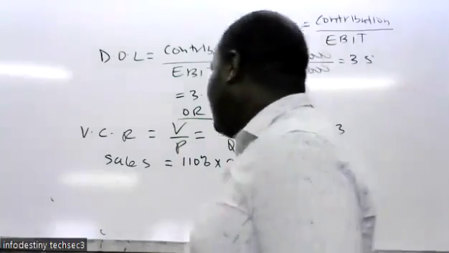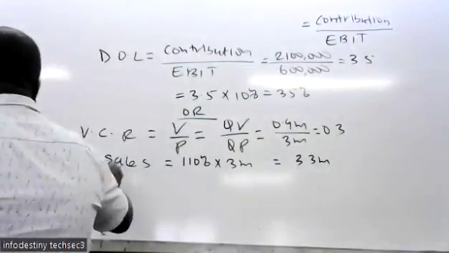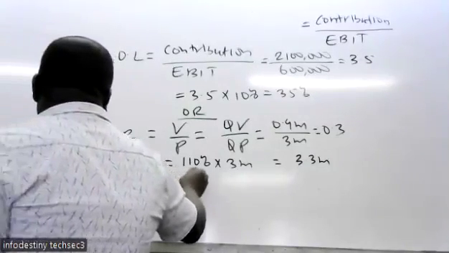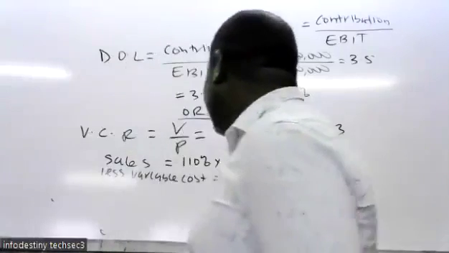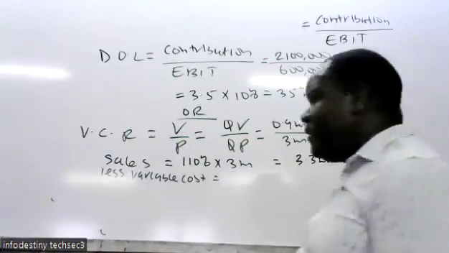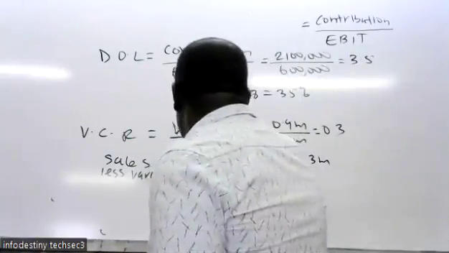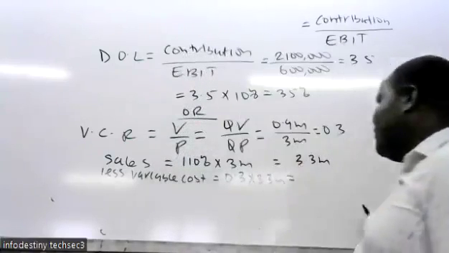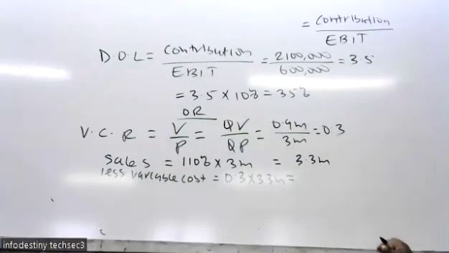Then we subtract the variable cost. Use the variable cost ratio, 0.3, and multiply by the new sales of 3.3, because it will be in the same proportion as the increase in the sales.